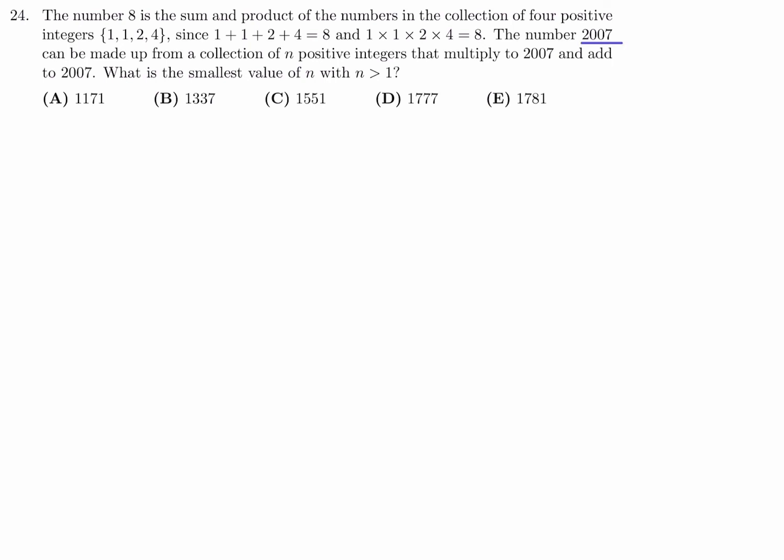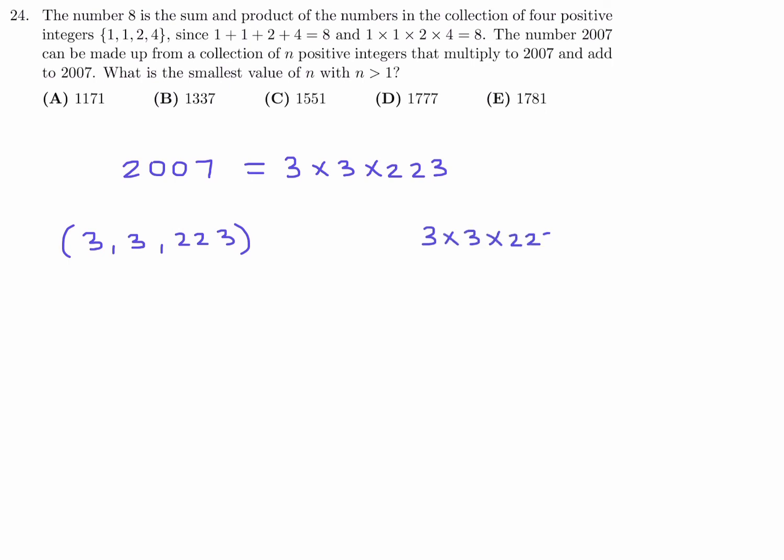The first step in this question is to take a closer look at the number 2007. If you break that up into its prime factors, it's 3 times 3 times 223. So immediately, that makes me think that the set is going to be, for example, 3, 3, and 223. Now, if that is the set, if I multiply those numbers, of course, I get 3 times 3 times 223, which is indeed equal to 2007.